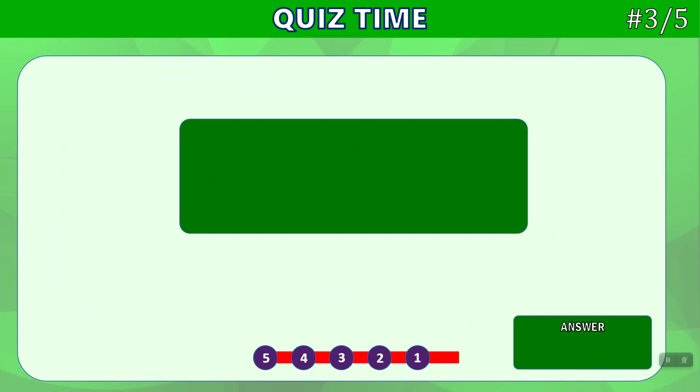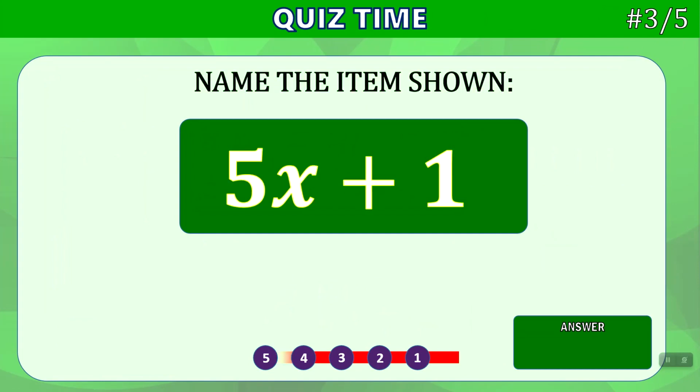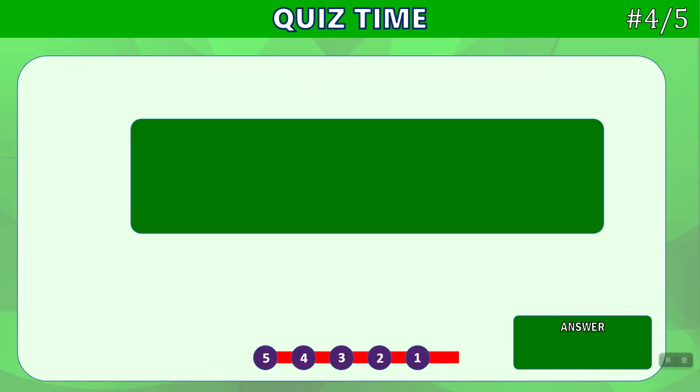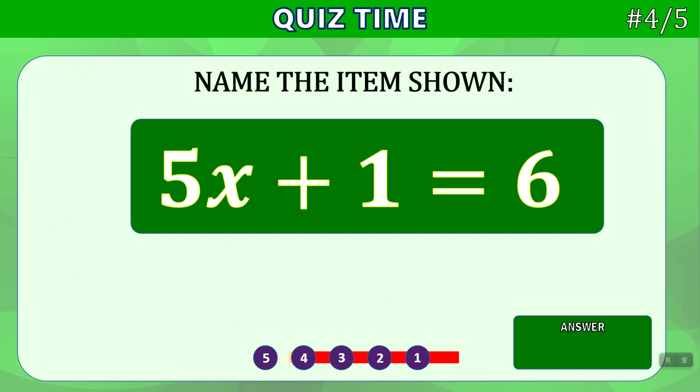Question 3. Name the item shown. 5x plus 1. Time's up. We can see a plus sign connecting the terms 5x and 1, and this makes this an expression. Question 4. Name the item shown. 5x plus 1 equals 6. Time's up. That's easy.